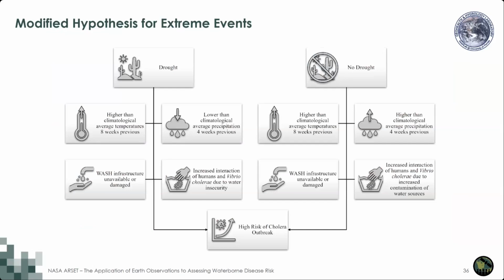But still, an essential component of that is that under normal conditions where there is no drought, our original hypothesis, of course, still holds. The idea is that either extreme is important to consider, not just for cholera, but for other waterborne diseases. Drought has been identified as an indicator as well, and it is something that we've incorporated in our models going forward.